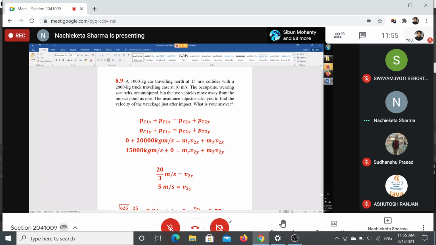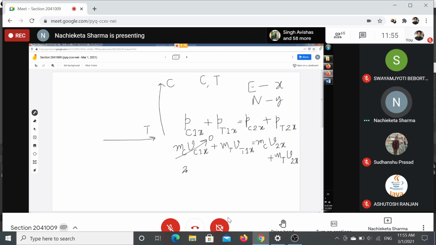So 2000 into 10, because it is moving with 10 meter per second, is equal to, if I take v2x as common, then inside the bracket I will have mc plus mt. 1000 plus 2000 is 3000. So I will have 3000, isn't it?